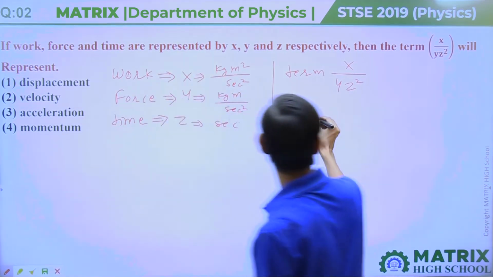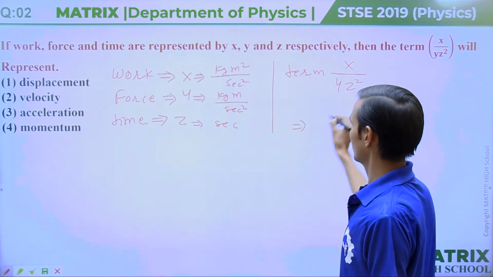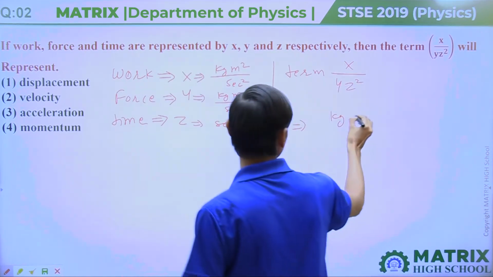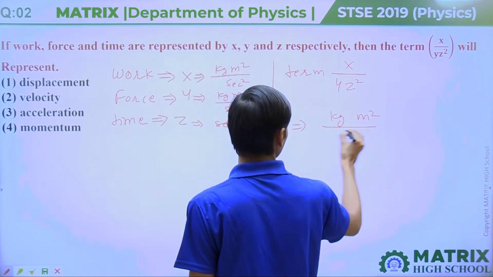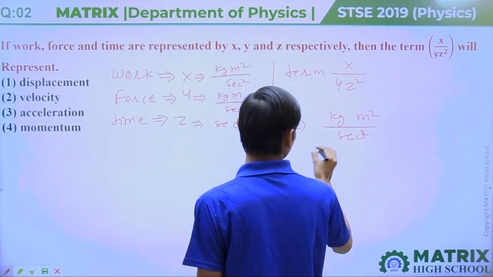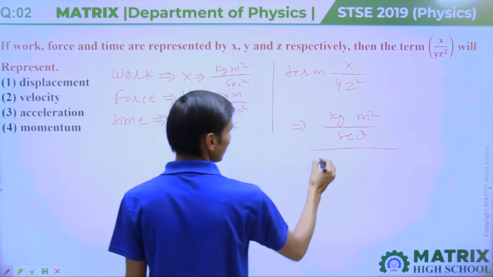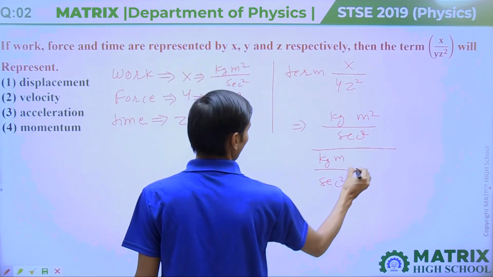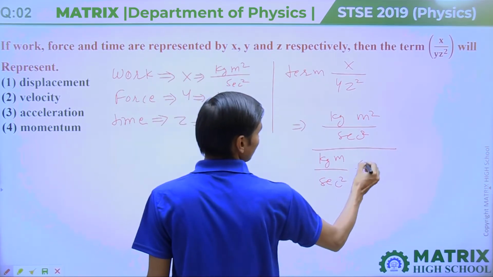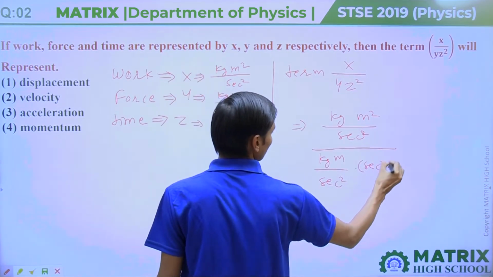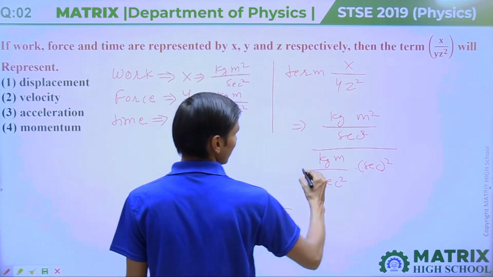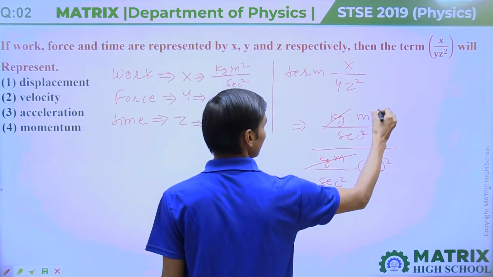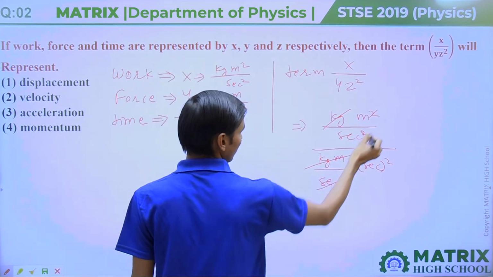So if we put the values, X will be kg meter square per second square divided by force, kg meter per second square, and Z is second, squared. Kg and meter cancel out, second square cancels out.